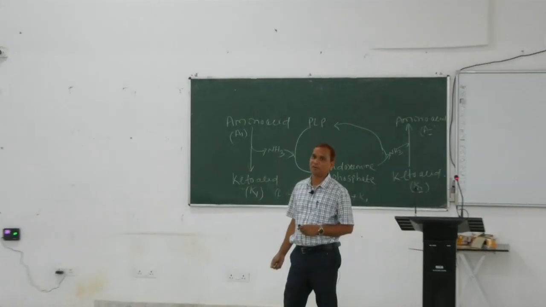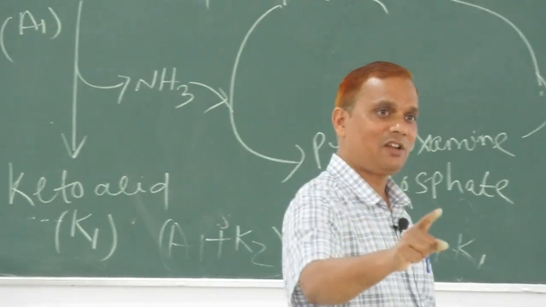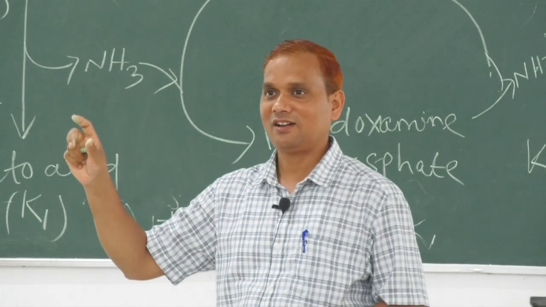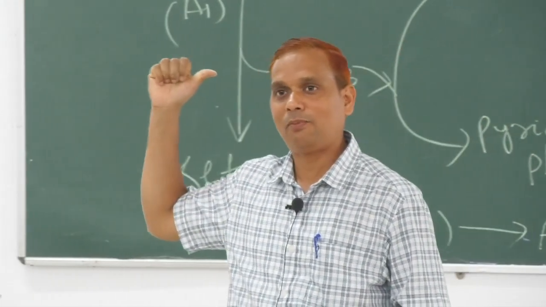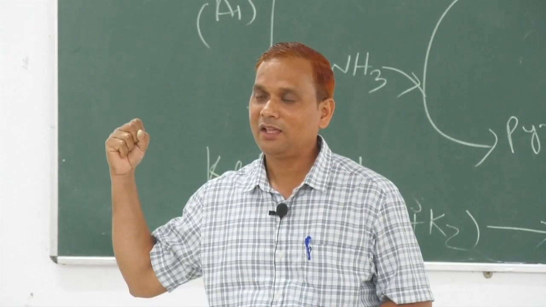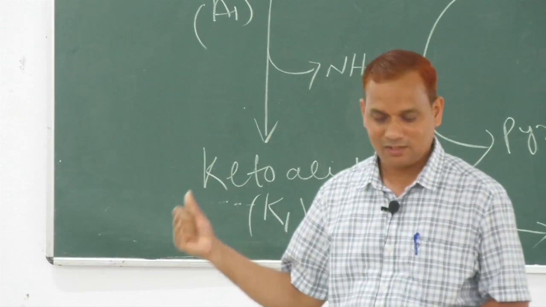Transaminase reaction, trans-deaminase. That means transaminase occurs plus deaminase. Understand? That is, glutamate will form. That amino group will be taken by the keto group and it becomes glutamate.